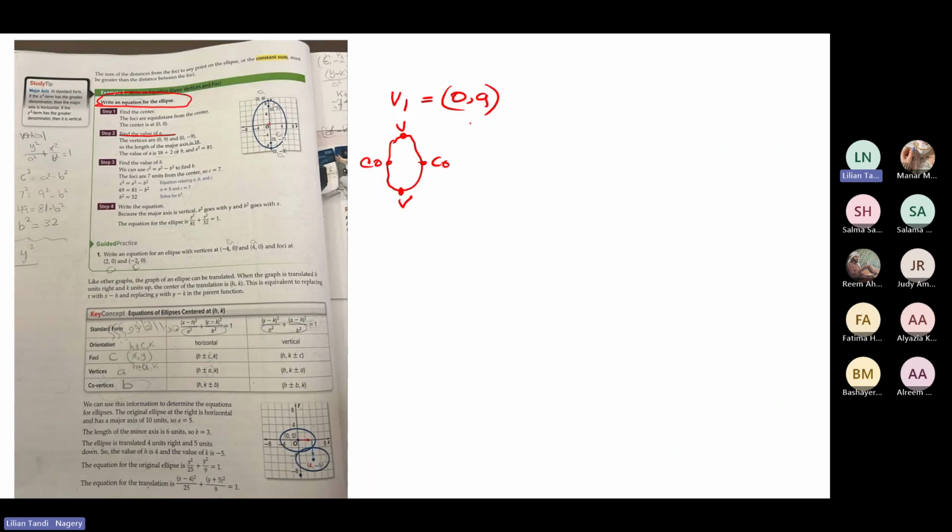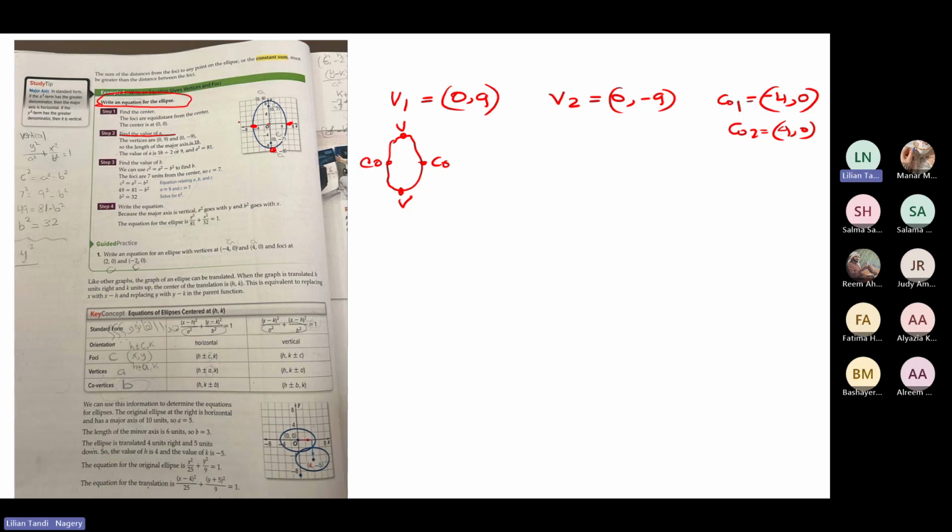Vertex 2 is 0, negative 9, which is here. Co-vertex 1 is negative 4, 0, and co-vertex 2 is 4, 0, which is here. Do you see that?